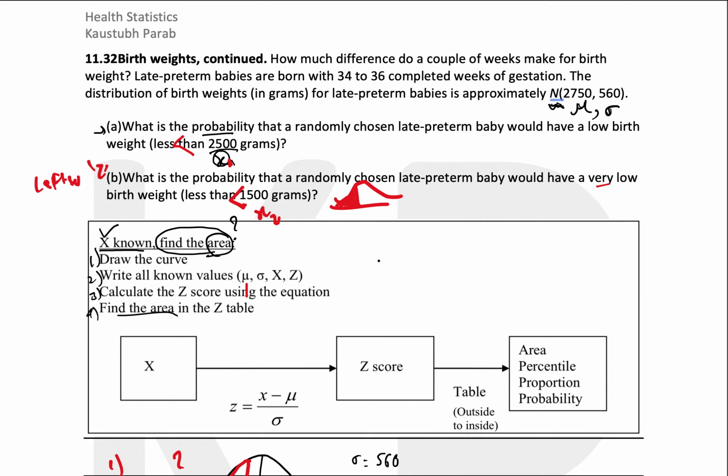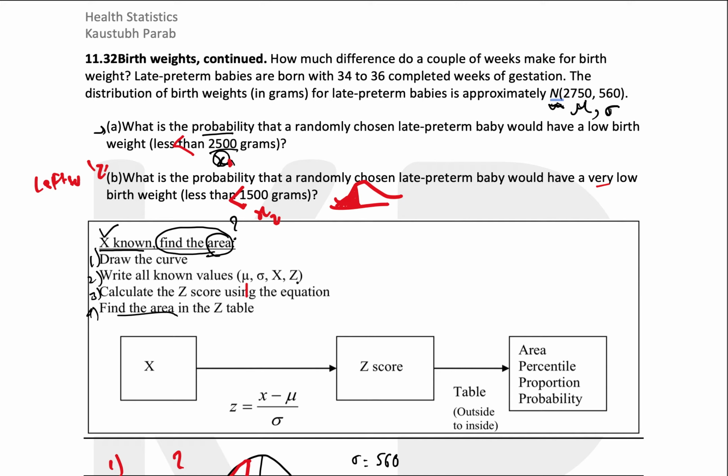And this is like the schema, the steps that would help you solve the problem in a systematic way so that there will be less error. First step is always draw the curve. Second, write all the given data values: what is mu, what is sigma, what is x.